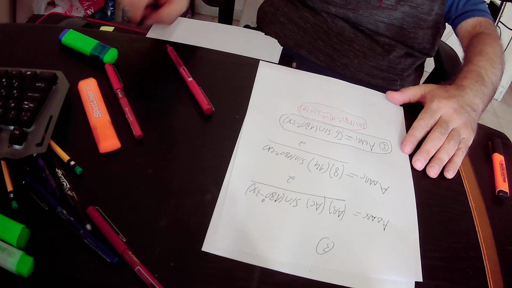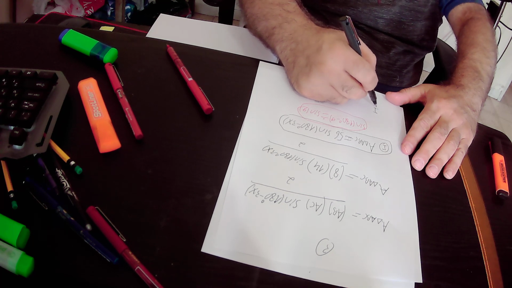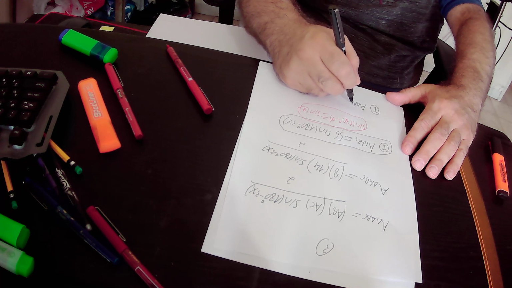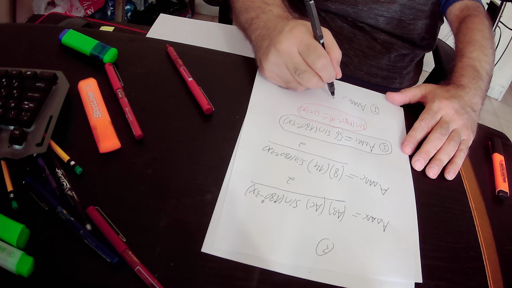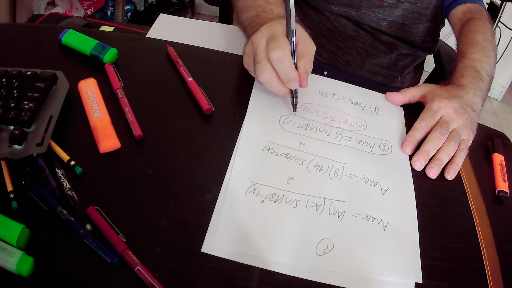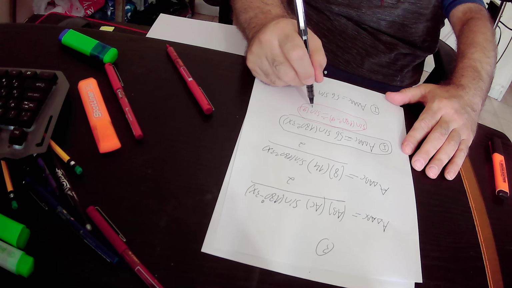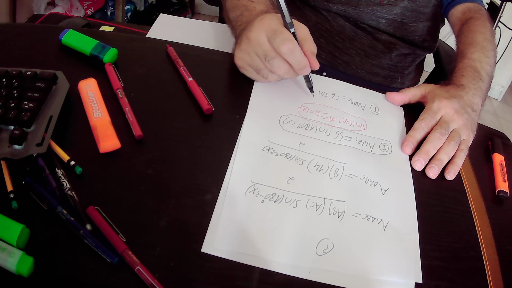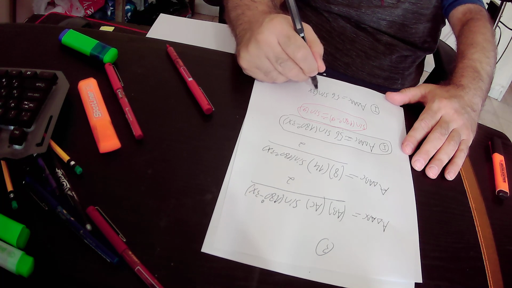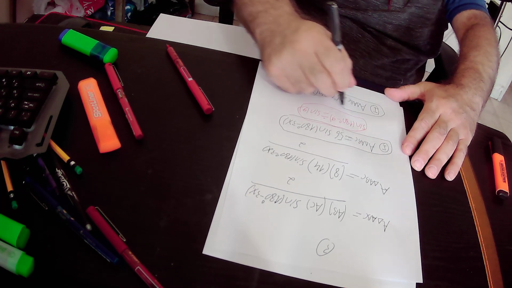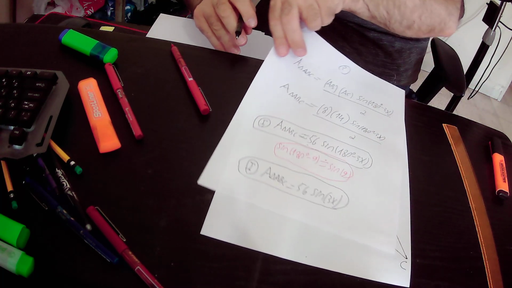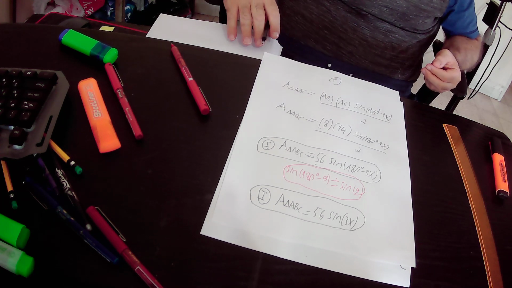The area of triangle ABC equals 56 times sine 3x. Okay, this is equation number 1.